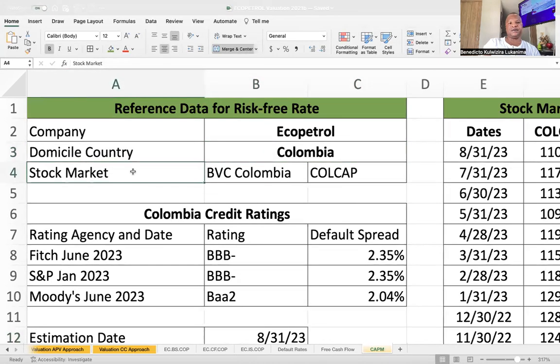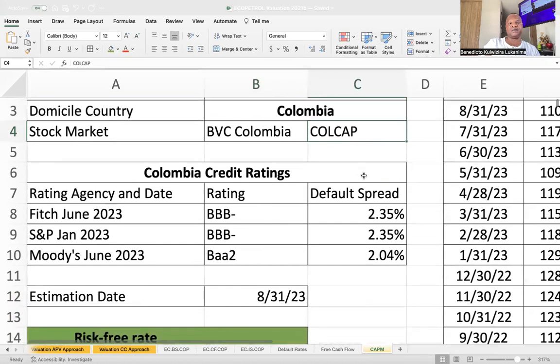And the stocks are traded in different markets, but in this case, we'll estimate the cost of equity based on the Colombian market, and the stock index will be Colcap. But for now, we need the variables for risk-free rate.